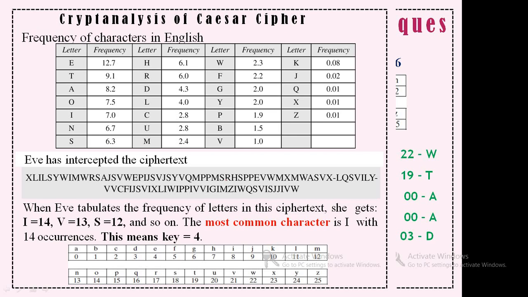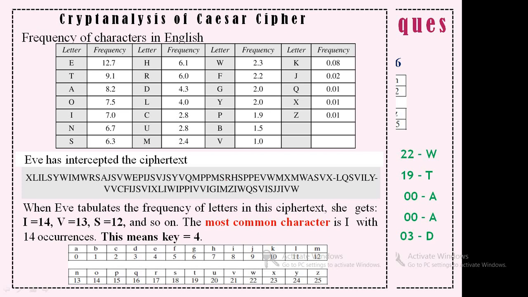Approximately 7. Yes. Now that's what frequency means over here. In a small ciphertext, you can assume very clearly, like the problem that you have solved, what the letter can be from the ciphertext itself.